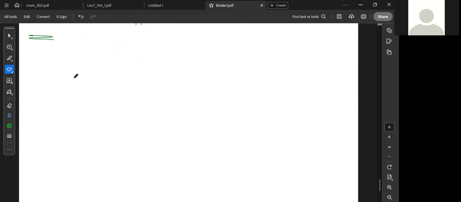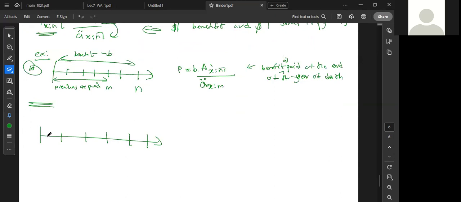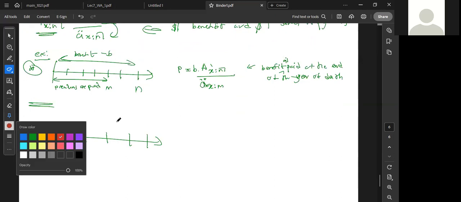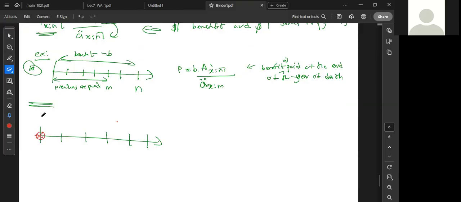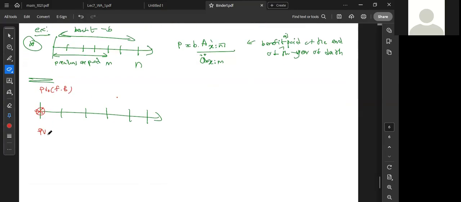And finally, suppose during the timeline, in the equivalence principle, we say at this point, the present value of future benefits and the present value of future premiums are equal. But suppose in this case, after m years I have paid my premiums, but the coverage goes for n years.